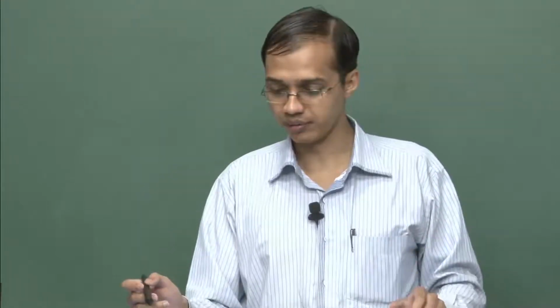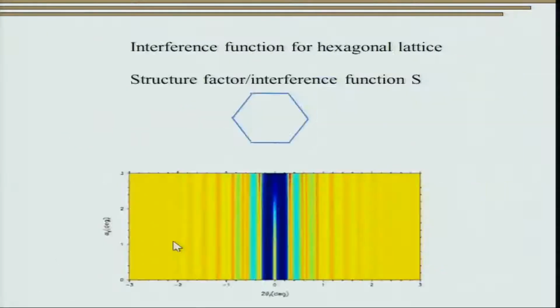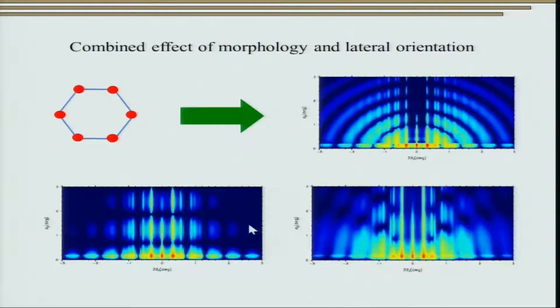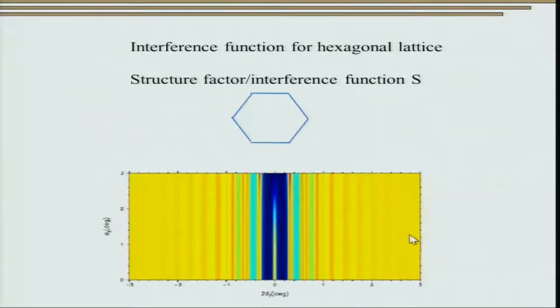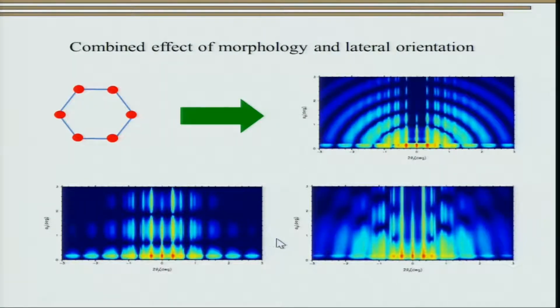Similar patterns for now, can we try to guess what exactly we are getting? I hope you appreciate that we are getting the same period, so this has to be all hexagonal. Now, if you look at this one, this to me looks like a superposition of a half sphere with the hexagonal lattice, while this is the superposition of a prism with the hexagonal lattice.